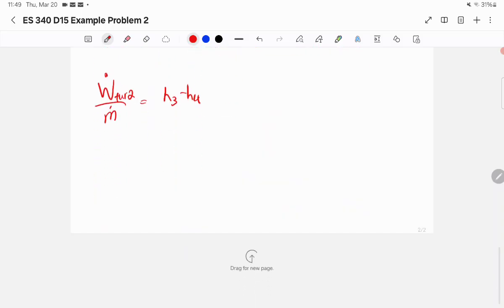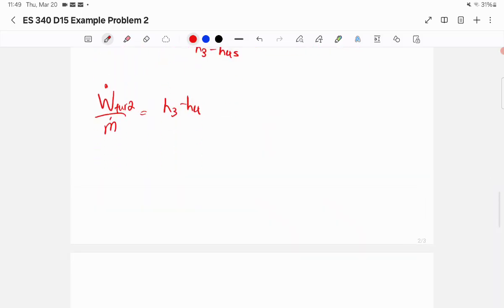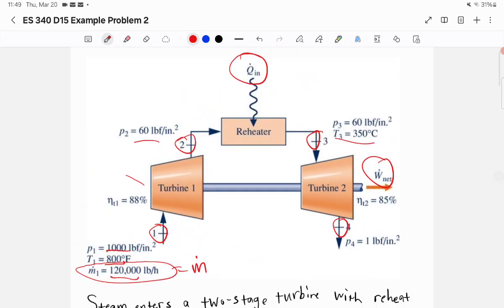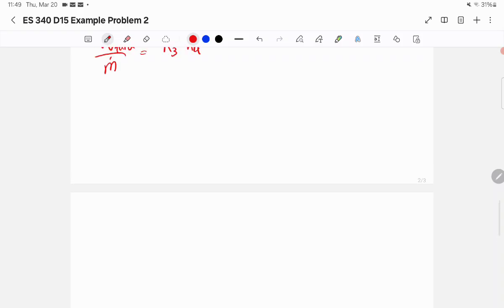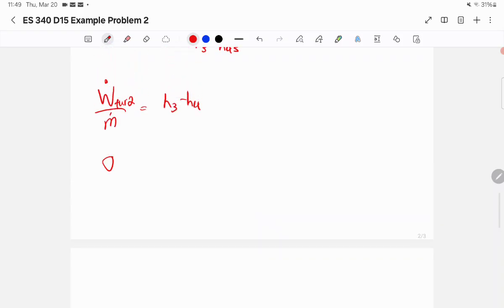And then the final thing is, again, the energy rate balance equation for the reheater. If I do the energy rate balance equation for that one, I'm just going to skip to the end result because, again, you should be able to figure this out. But that's going to be over m dot, and remember that at steady state, of course, all three of these are at steady state, so it's equal to 0, right?